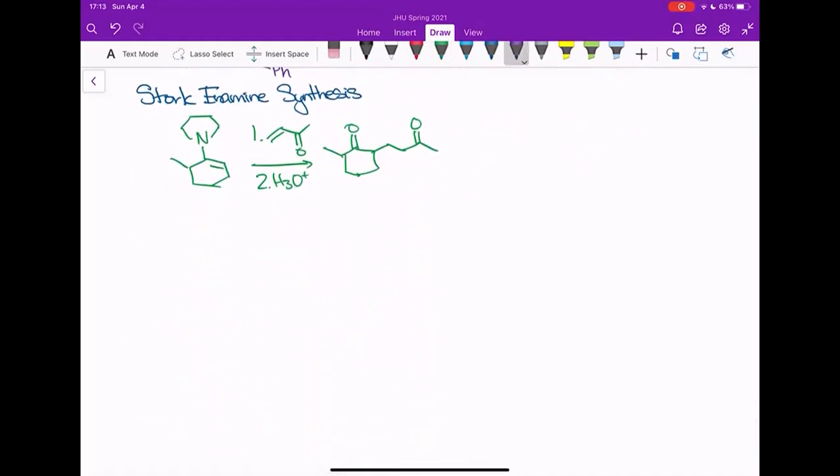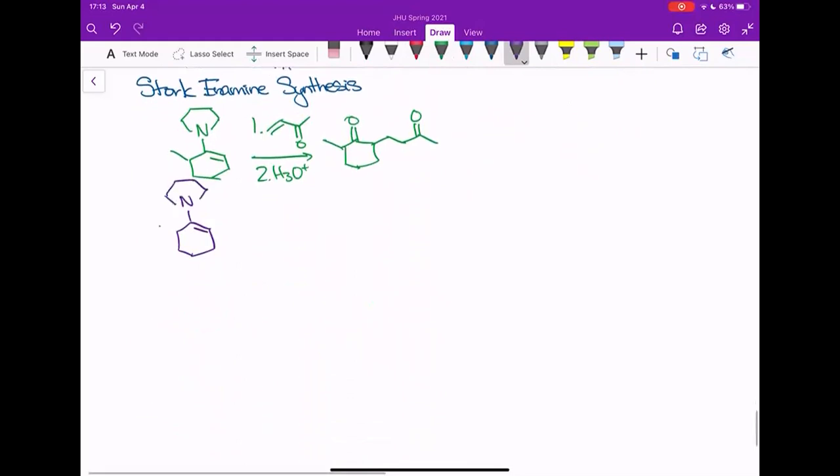Okay, so I'll walk through this mechanism. So we'll start with our enamine, which you guys should know how to form from exam 1 reactions, I think. And this will go ahead and attack our alpha beta unsaturated carbonyl.